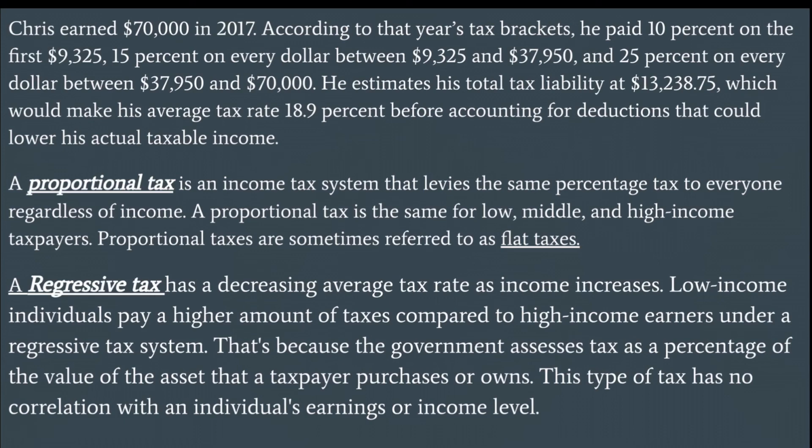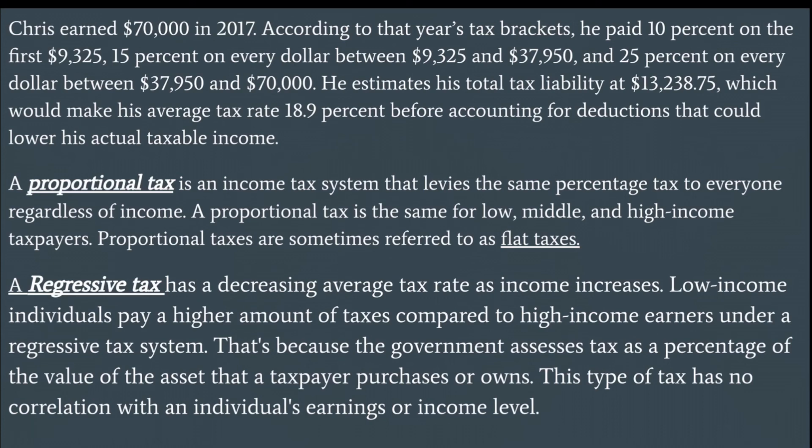A proportional tax is an income tax system that levies the same percentage tax on everyone, regardless of income. A proportional tax is the same for low, middle, and high income taxpayers. Proportional taxes are sometimes referred to as flat rates.